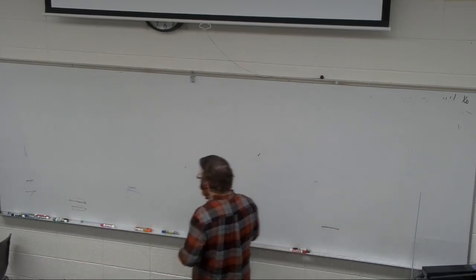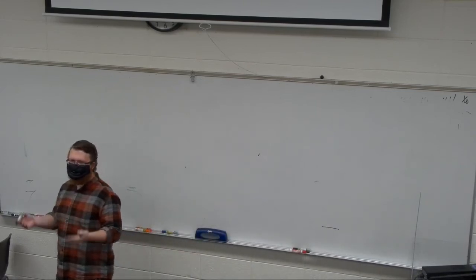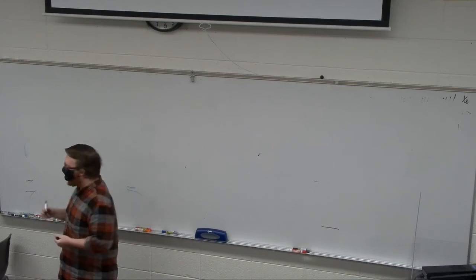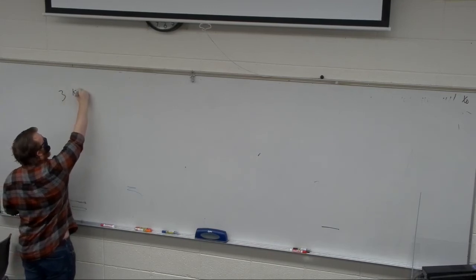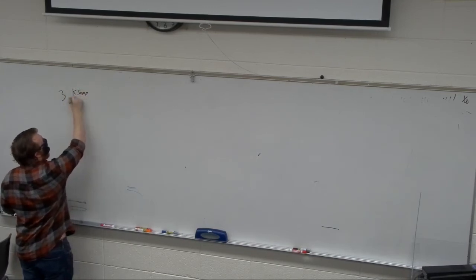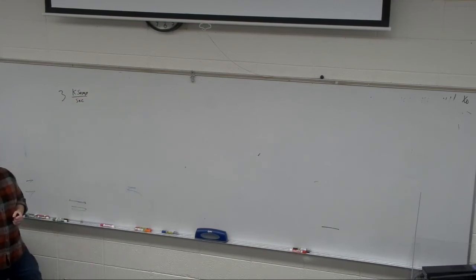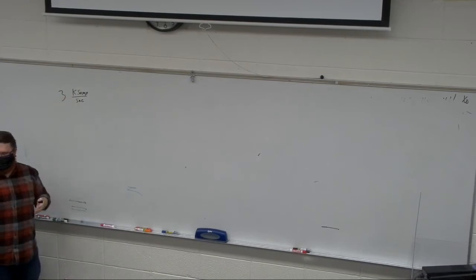There we go. So the ADC is generating data. If I say I want it to create a sample at 3 kilohertz, so we'll say it's 3 kilosamples per second, right? Each sample has 12 bits in it.